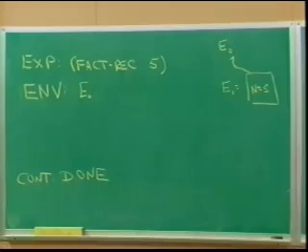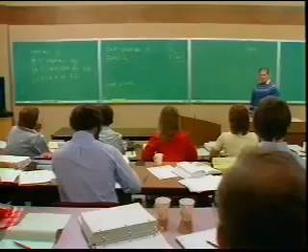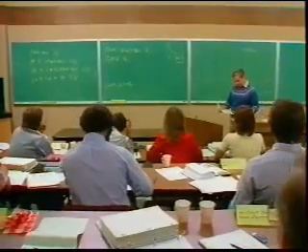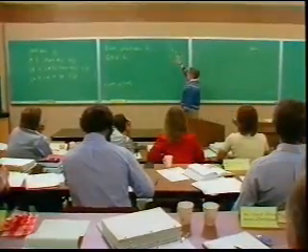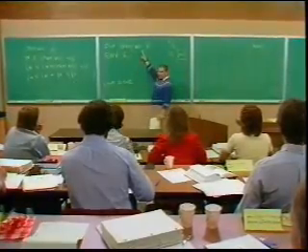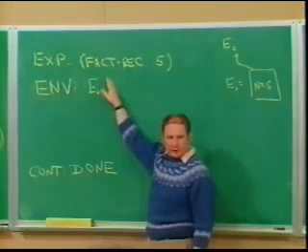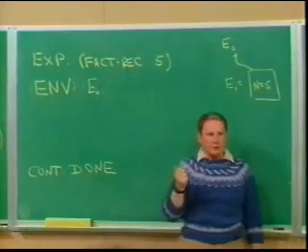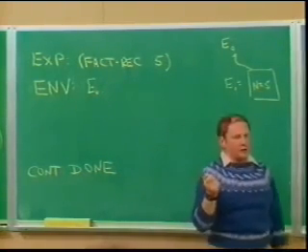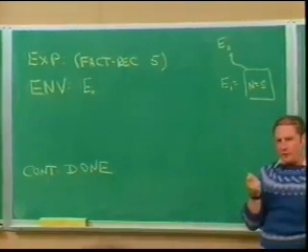And in this environment, it's going to go off and evaluate the body. So the evaluation here will reduce to evaluating the body in E1. That's going to look at an if, and I won't go through the details of if. It'll look at the predicate, and it'll decide it eventually has to evaluate the alternative.